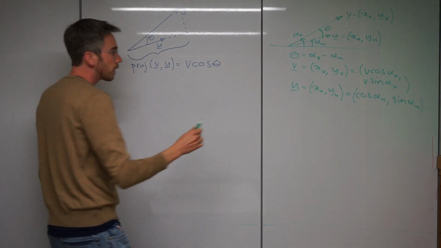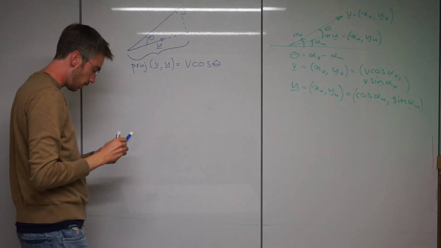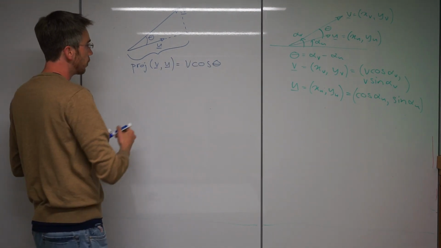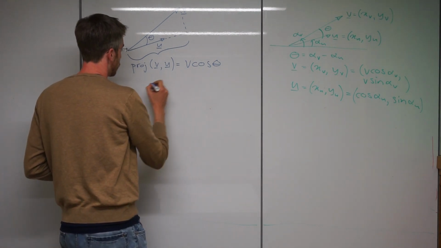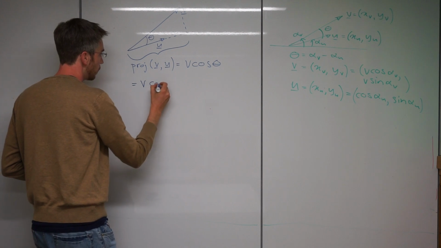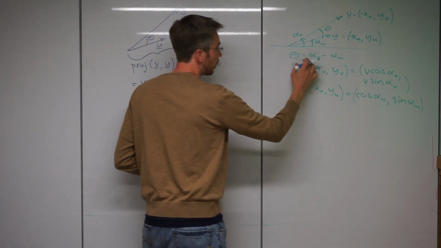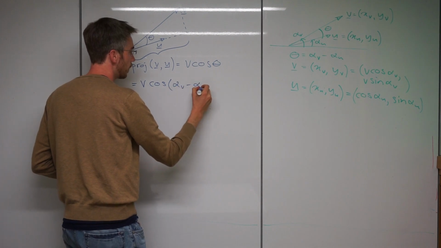Alright, so let's see if we can combine what we know from here into the calculation of our projection v cos theta. So we'll rewrite v cos theta as v cos of alpha v minus alpha u.